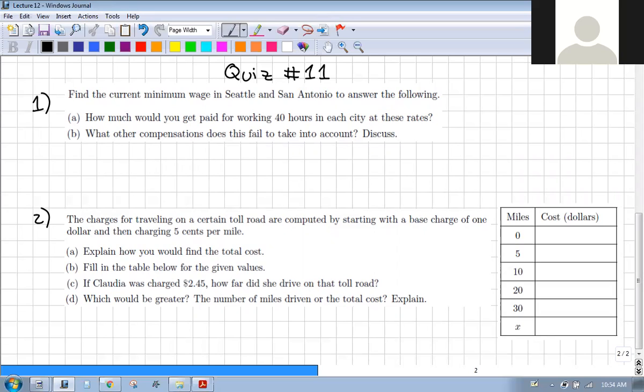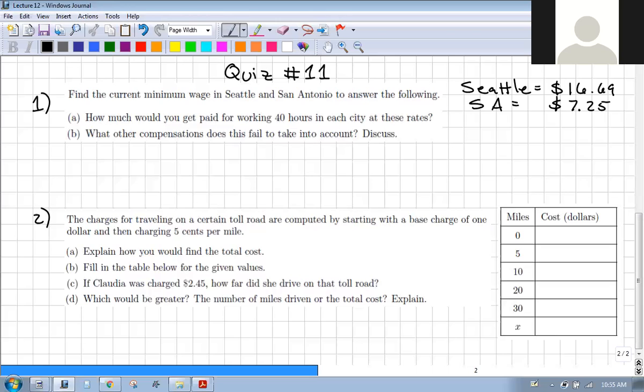Seattle, I found is $16.69. Let's do San Antonio. What's the minimum wage in San Antonio? Anybody know? Minimum wage in San Antonio, Texas. $7.25. Theirs is more than twice ours.